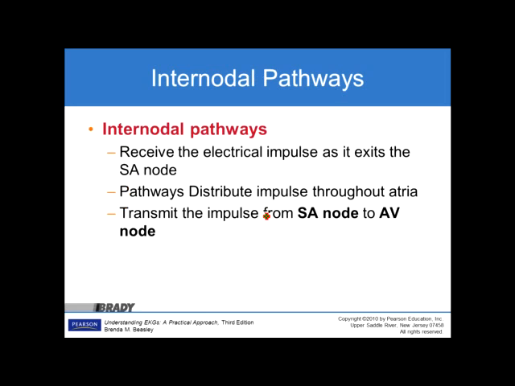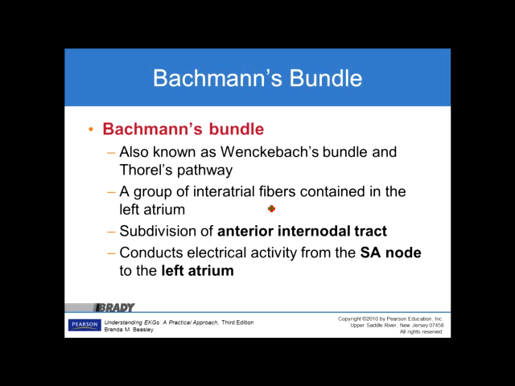Internodal pathways receive the electrical impulse as it exits the sinoatrial node, and this is what will transmit it across to the atrial area. Pathways distribute impulses through the atria and transmit the impulses from the sinoatrial node to the atrioventricular node. Bachmann's bundle, also known as Wenckebach's bundle and Thorel's pathway, is a group of interatrial fibers contained in the left atrium.